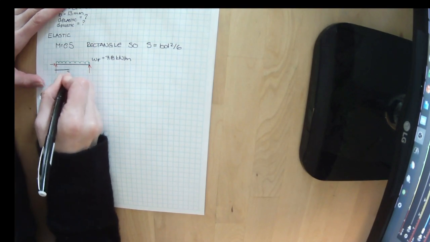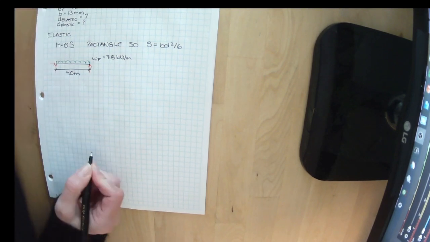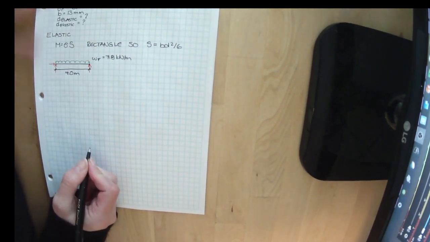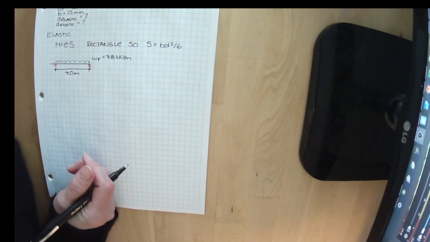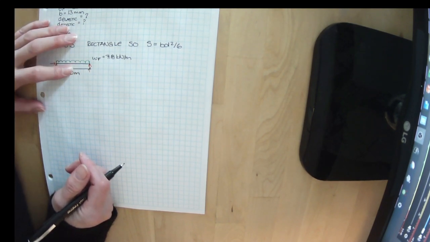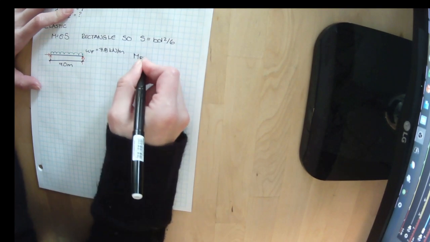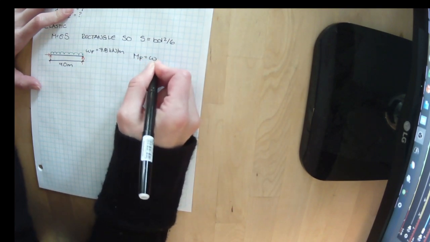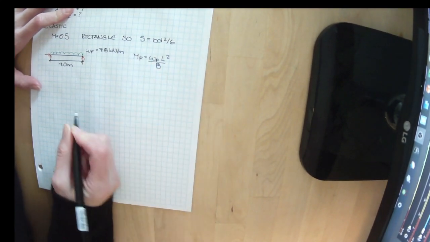Oh, we also know that this is 4 meters. Now, last term, you had to do this by method of sections. We're pros at that now. We're beyond that. We know that calculating the maximum moment that this sees due to this load is our equation MF equals WF L squared divided by 8.